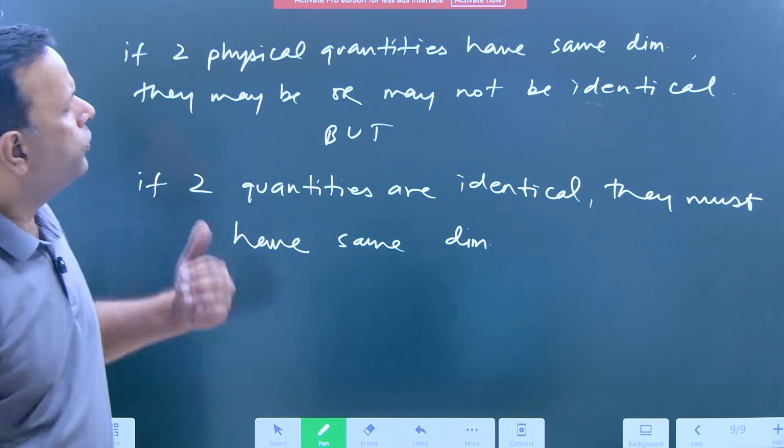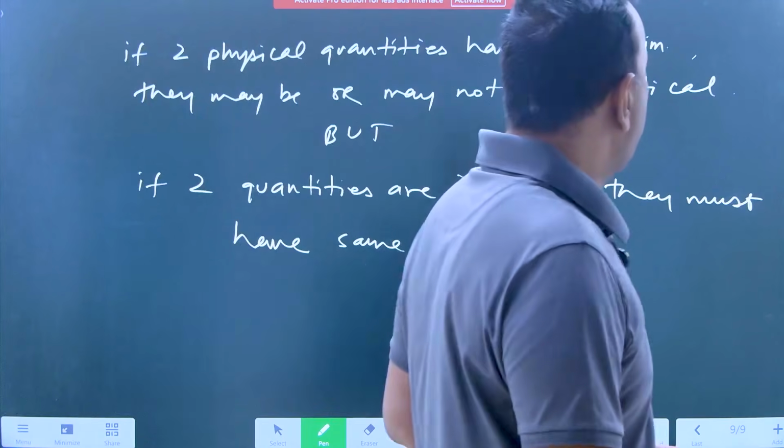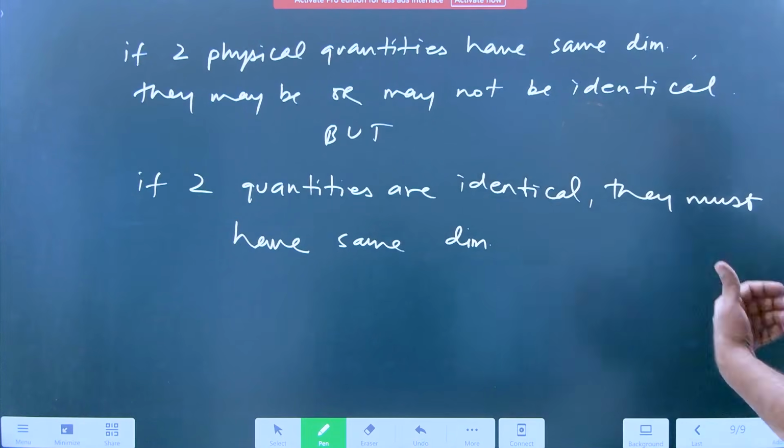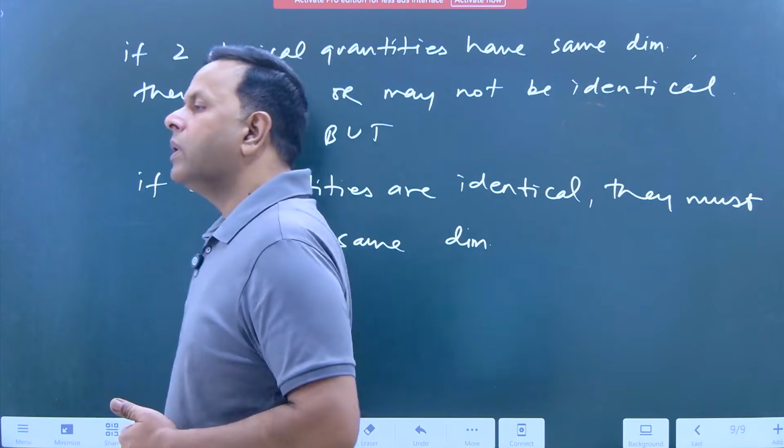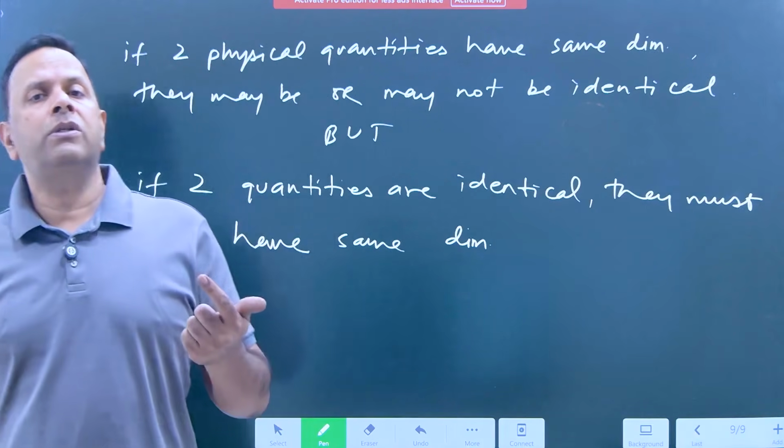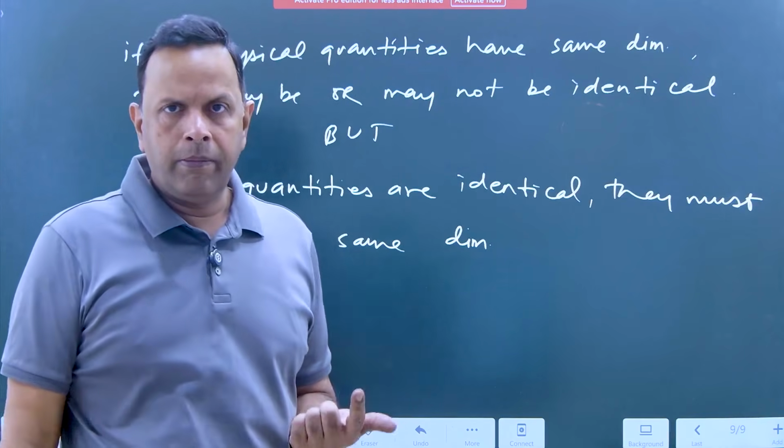If two physical quantities have the same dimensions, they may or they may not be identical. But if two quantities are identical, then their dimensional formulas must be the same.